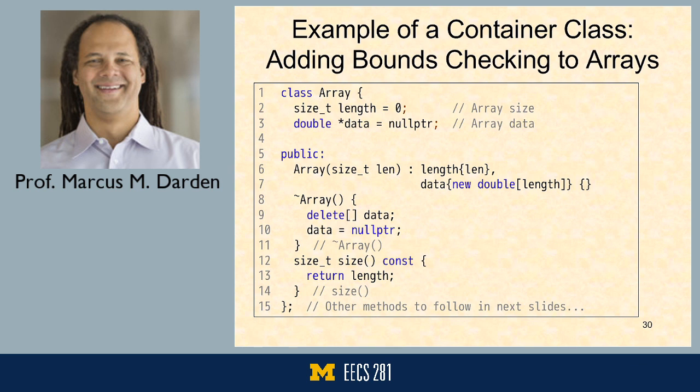The compiler will complain, and it's a somewhat cryptic message that doesn't really clarify the fact that you did them in the wrong order. So if I had tried to initialize data first and done a new square brackets double len and then set length equal to len, I would have a problem there. Now, I don't have to put everything in the initialization list that I have as member variables, but if I can put them in the initialization list, I would like to, because it happens before or while the object is being created, as opposed to after the object has been created.